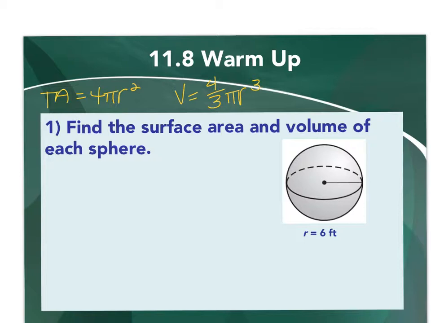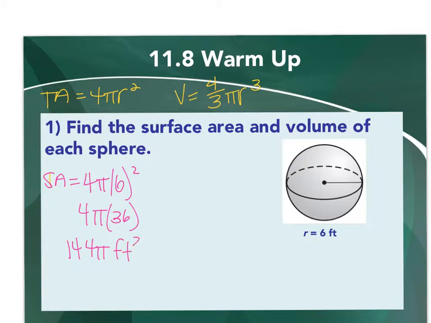So one just says find the surface area and the volume of the sphere if the radius is 6. So surface area or total area would be 4 times pi times 6 squared, 4 times pi times 36. And I got 144 pi, this is feet squared. And then volume.